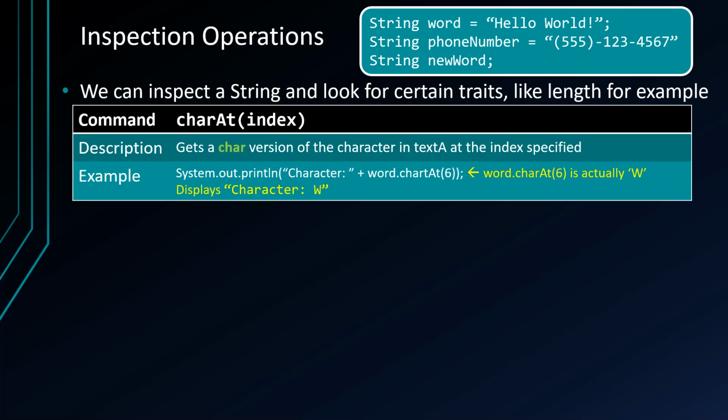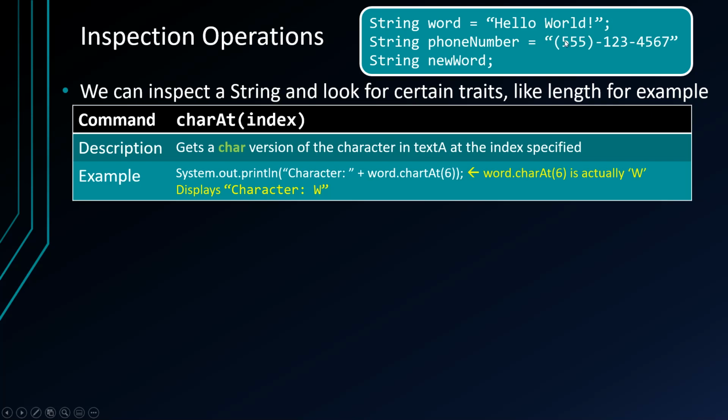Basically what we're saying here is, give us the current character at that supplied index. Remember, our words are separated by different addresses or indexes. So how do we actually find that? In the example here, remember word has the value hello world. We're saying, give us the current character at index 6. Not the sixth character, the character at index 6. So we start counting: 0, 1, 2, 3, 4, 5, 6.